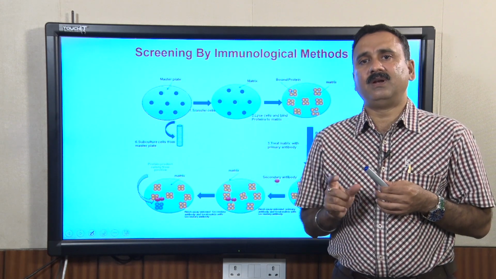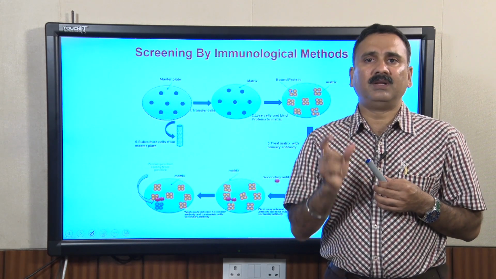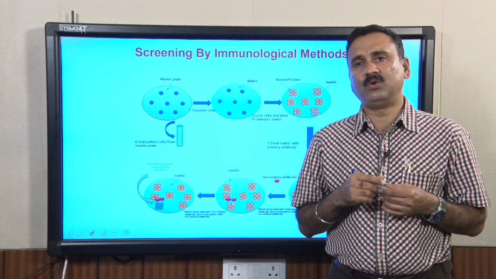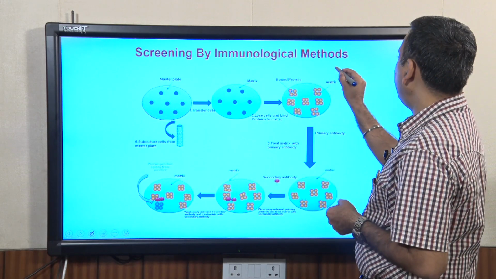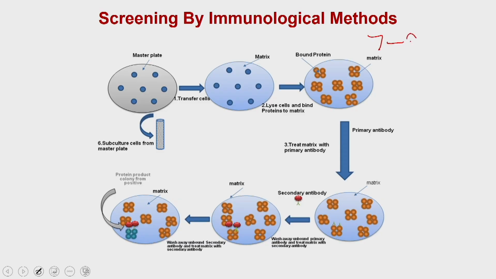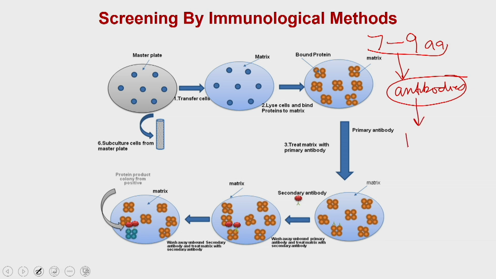This stretch of amino acids present on the protein is called the epitope. Normally you have an epitope of 7 to 9 amino acids, and that gives you antibodies, and the antibodies are specific for the particular protein. So, that antibody can be used as an analytical tool.